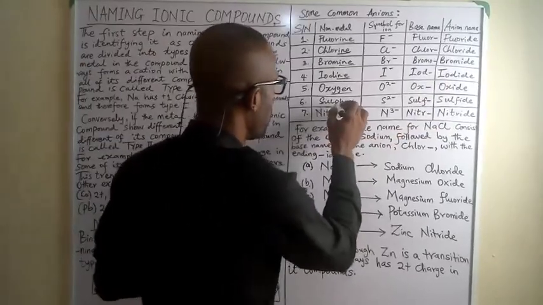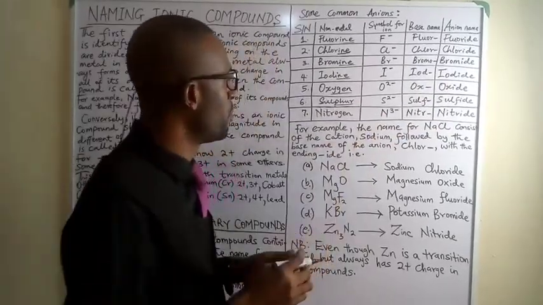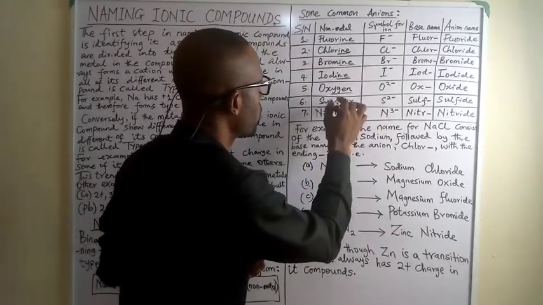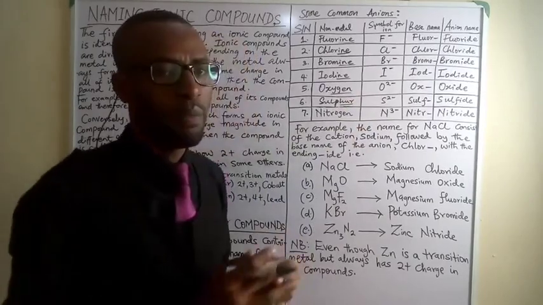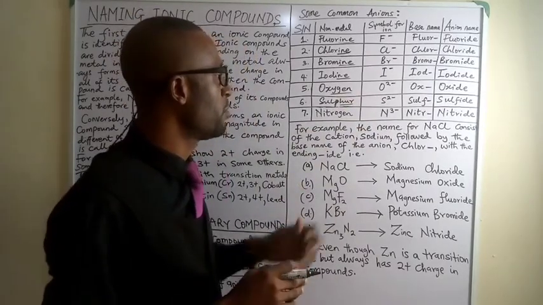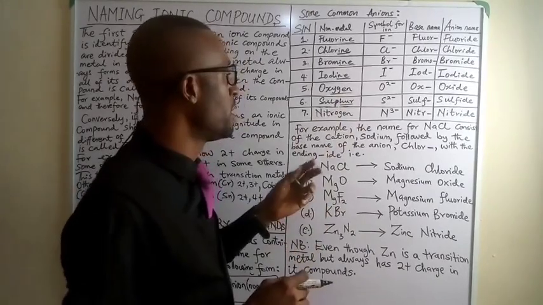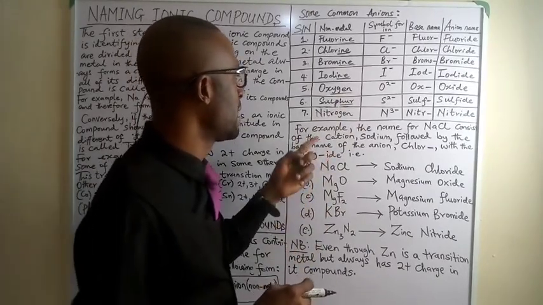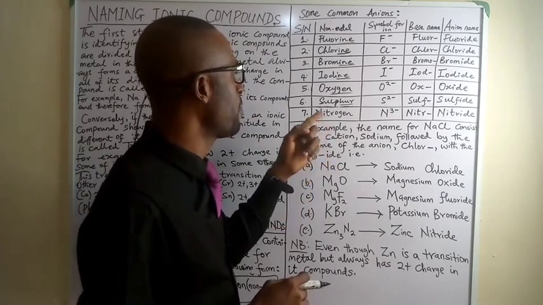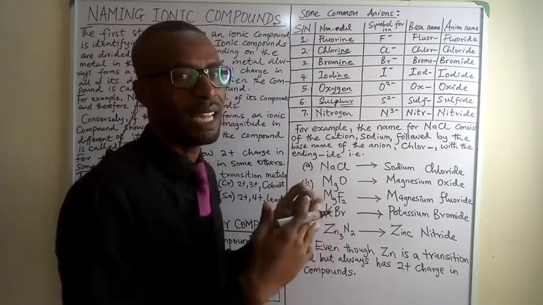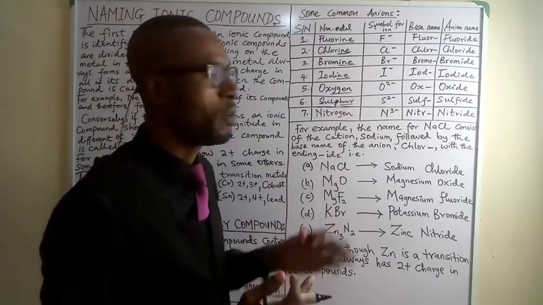Then sulfur, of course, you remove the UR, and you have sulf. Remember, the British most times will call it sulphur, P-H-U-R. The Americans always prefer to write it as S-U-L-F-U-R. It's the same. It's just the British and the American form of writing sulfur.